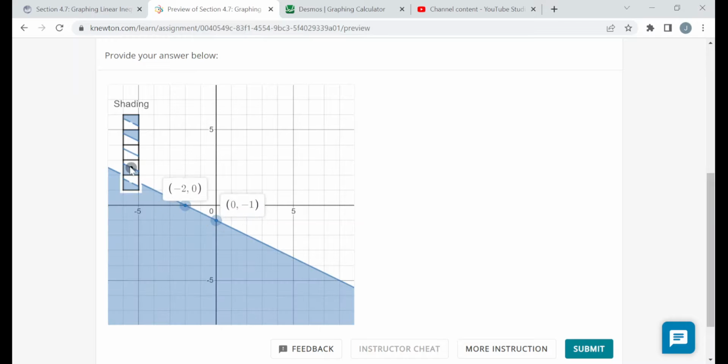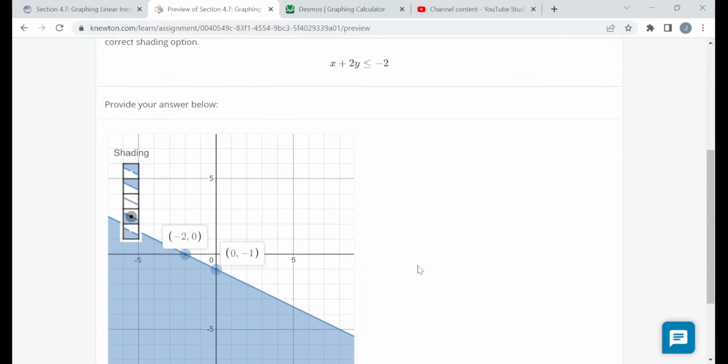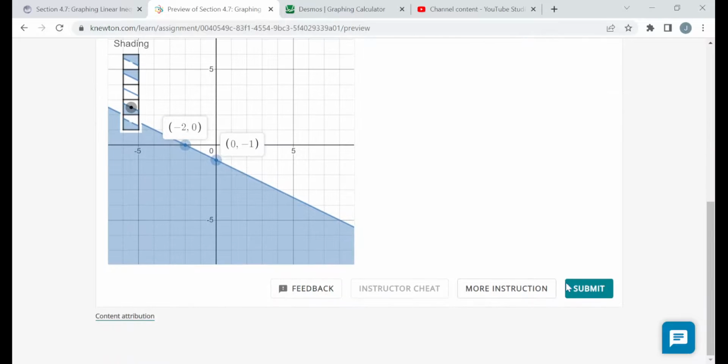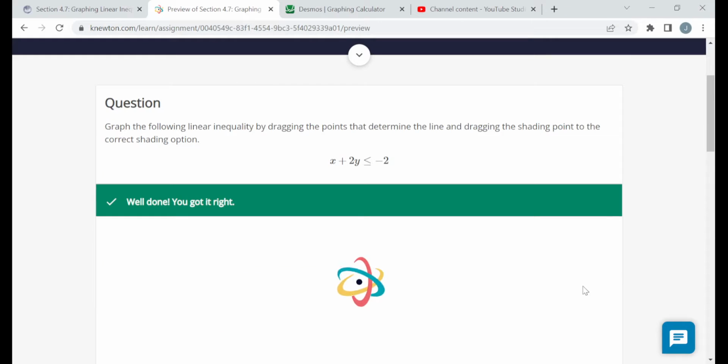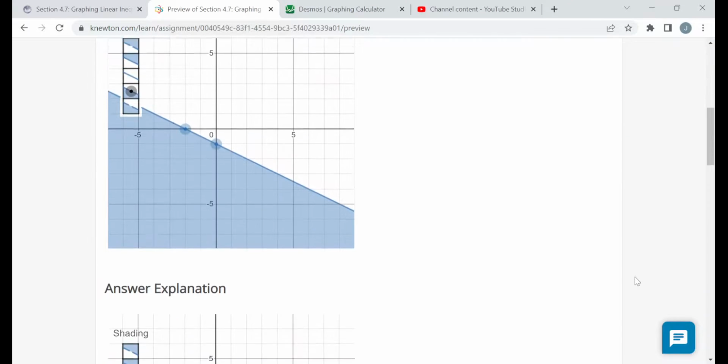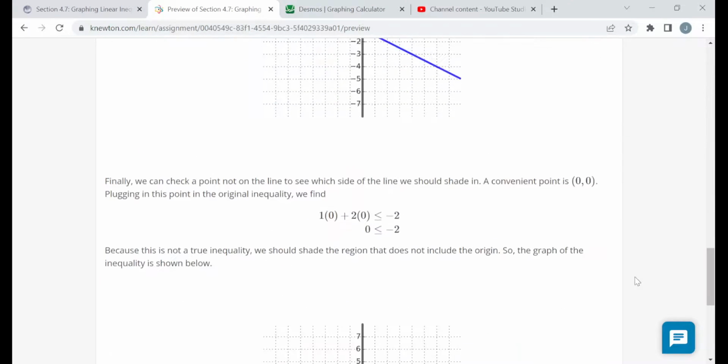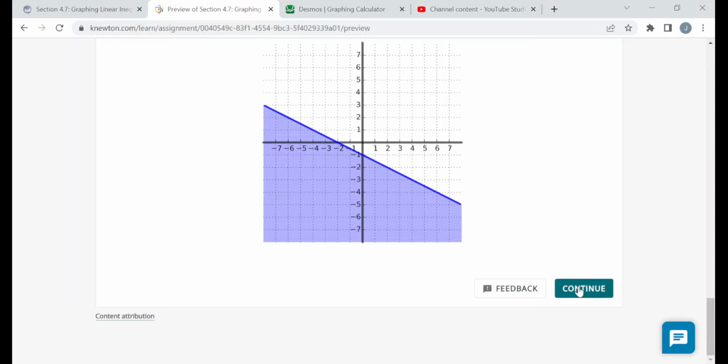That looks like this box here. Let's move this dot here to this 4th box. And there we go, solid boundary line shaded below, pointing out all the solutions of this inequality. Wonderful. All right. Next.